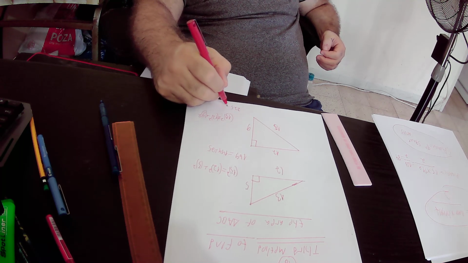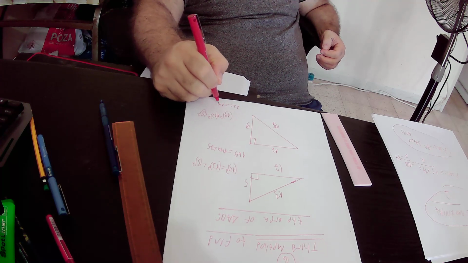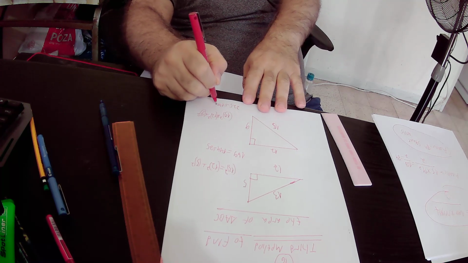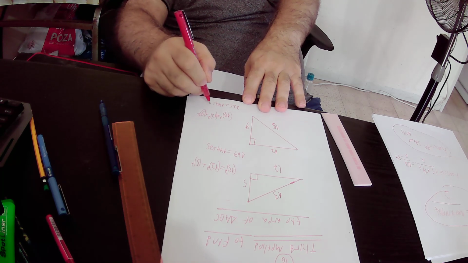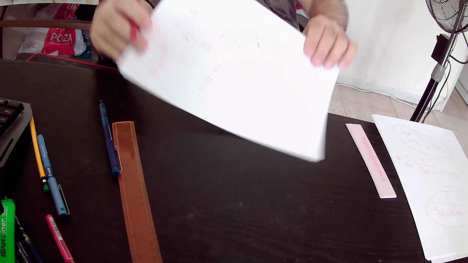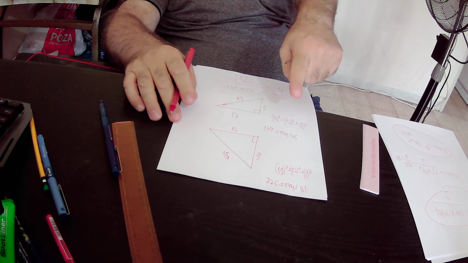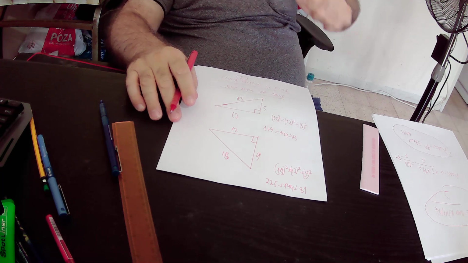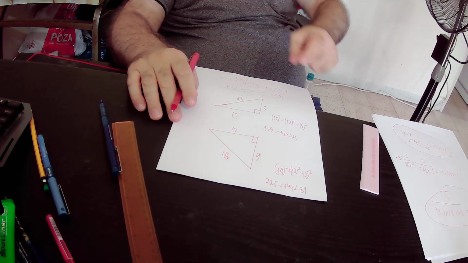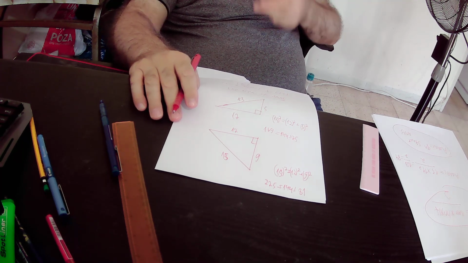That equals 12 squared, that is 144, plus 9 squared, that is 81, and indeed 225 equals 144 plus 81. So this is also a right triangle.